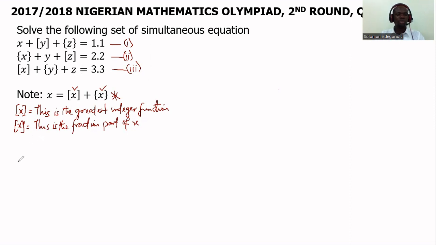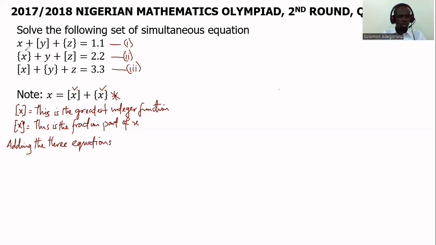After this, the first thing to do is to add the 3 equations together. That's equation 1 plus equation 2 plus equation 3. Now, let's go with that.